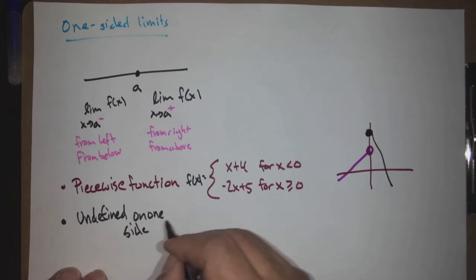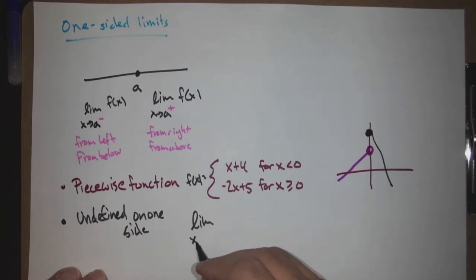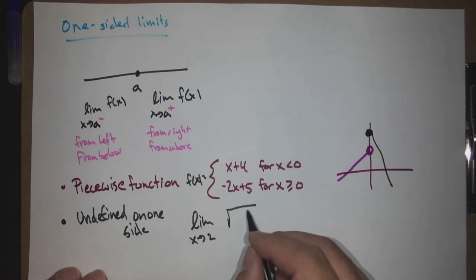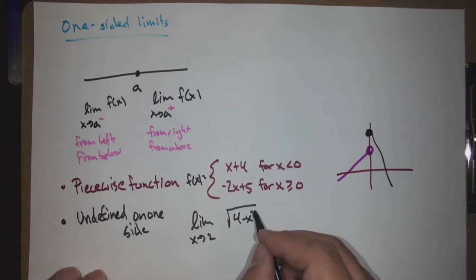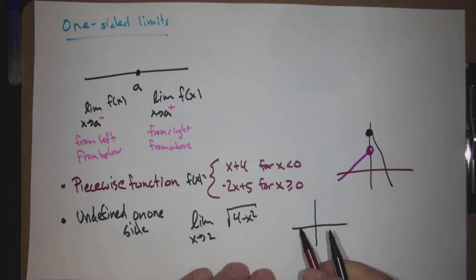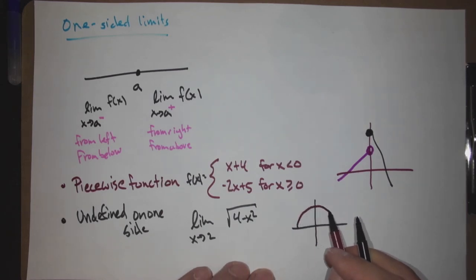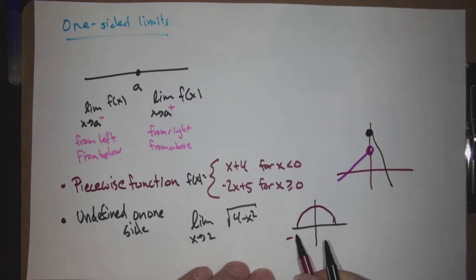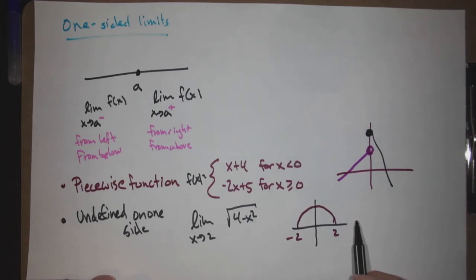So for instance, if I ask, what's the limit as x approaches 2 of the square root of 4 minus x squared? Well, the problem is, what does this function look like? It's the top half of a circle, and it only goes from negative 2 to positive 2. I can't come in from the right-hand side.